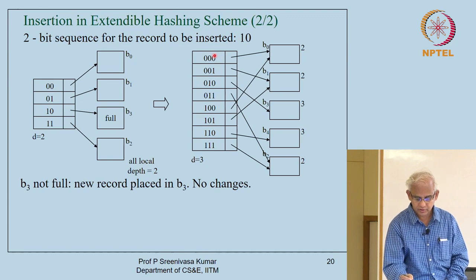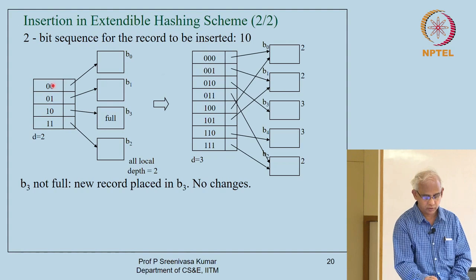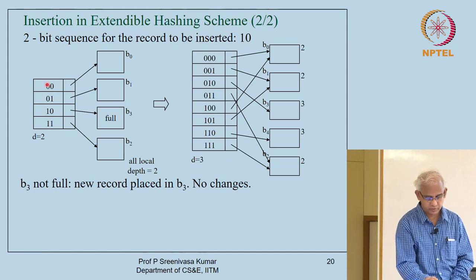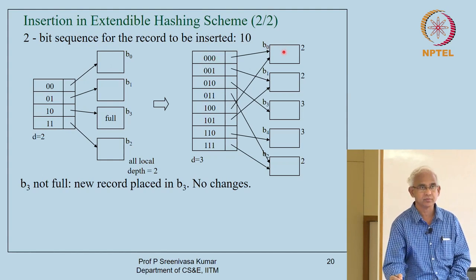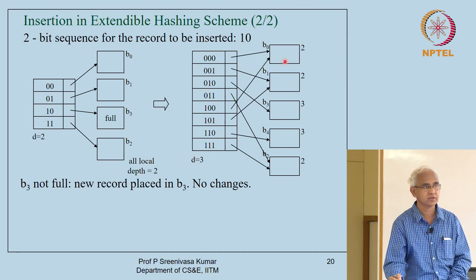So 2 of these entries will point to it. What were the ones pointing earlier? All those records with trailing bits 0 0 were coming here. Now they may have either 0 0 0 or 1 0 0, and in either case they will come here. That is how we adjust the directory links.